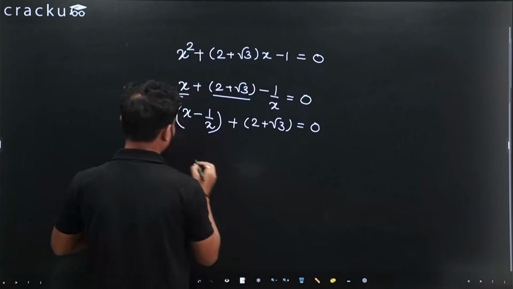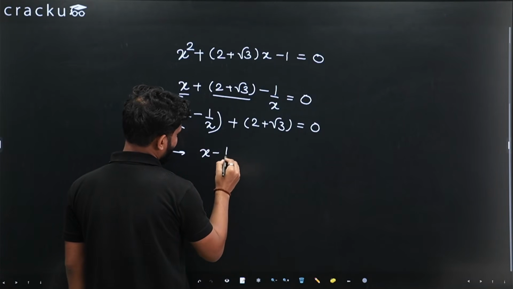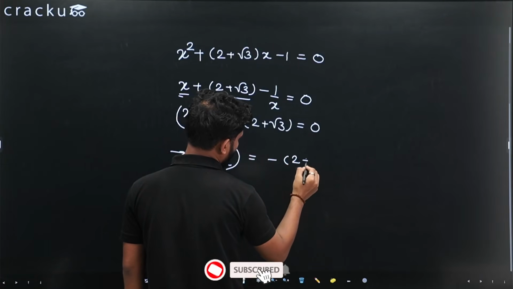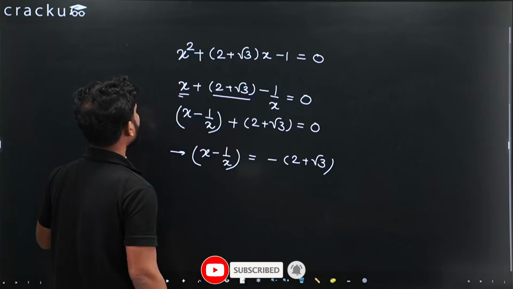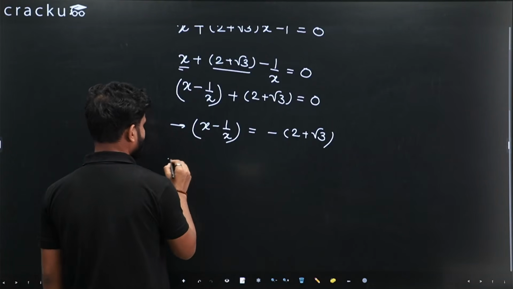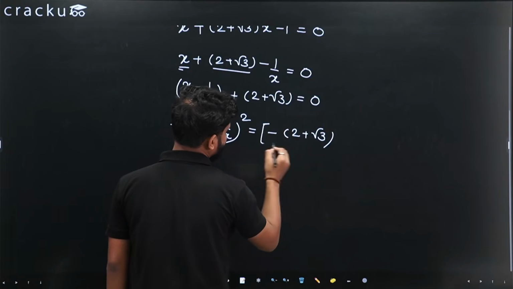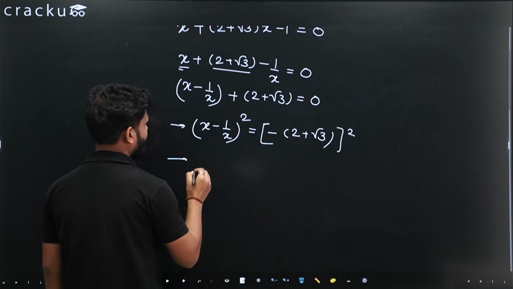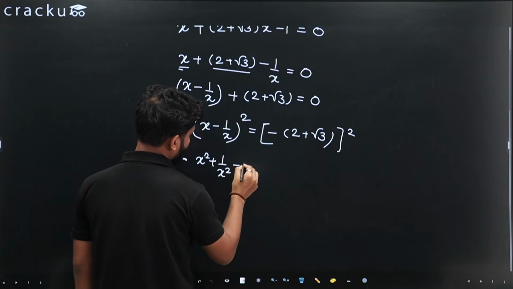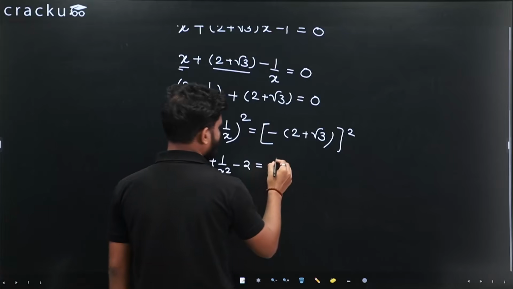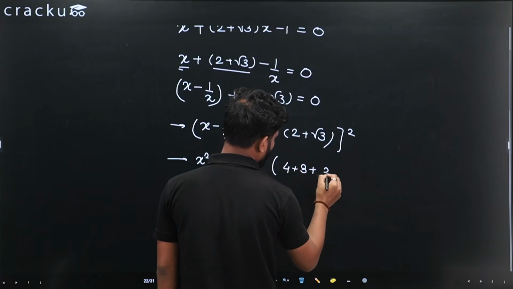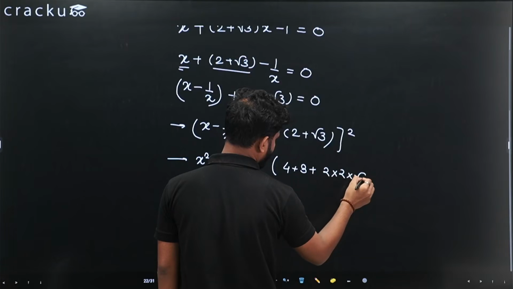0. Or x minus 1 by x is equal to minus of 2 plus root 3. Now to get x square plus 1 by x square, I will square both the sides. It will be x square plus 1 by x square minus 2 is equal to 2 square which is 4, root 3 square which is 3, plus 2 into root 3.